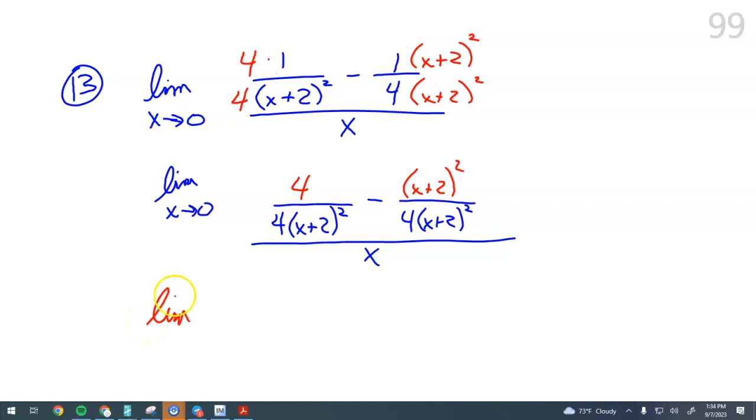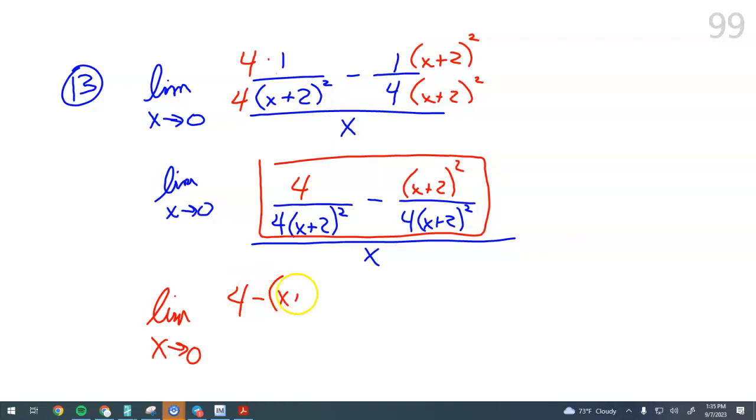So I'm going to do 2 steps at once here. I'm going to combine these. So that's 4 minus x plus 2 squared over 4 times x plus 2 squared. And it's all divided by x, but instead of dividing everything by x, I can multiply by 1 over x.